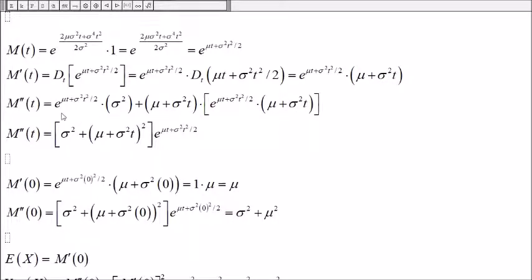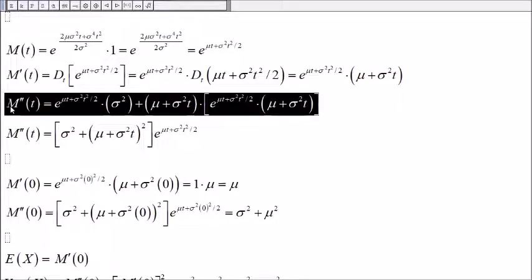And here, the common factor is e to the mu t plus sigma squared t squared divided by 2. So this is the common factor. And then what's not common is sigma squared plus, we can add one more step in here.